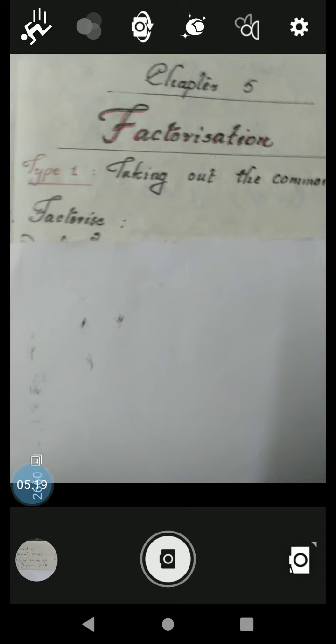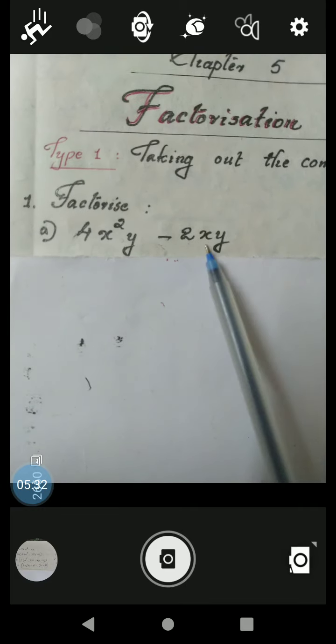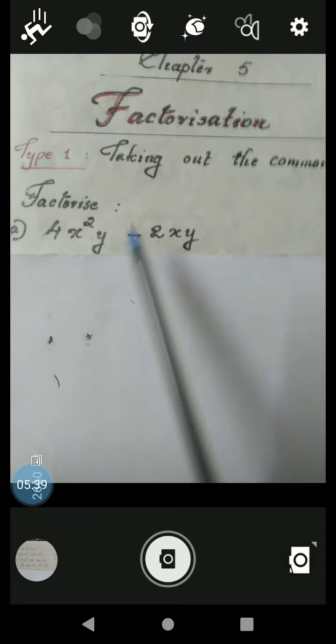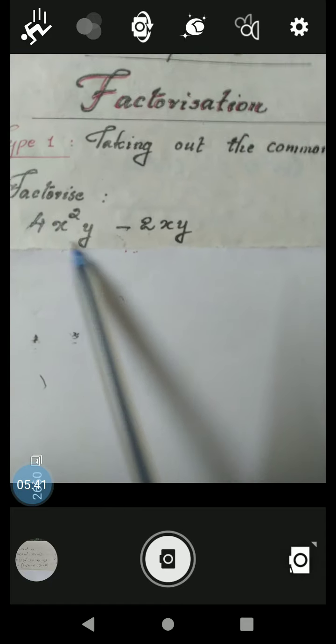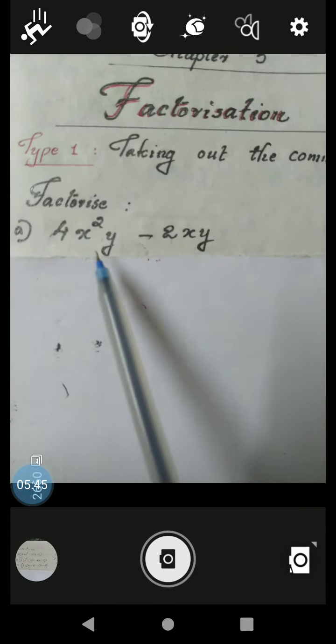For that, we can consider one example. Look here. Factorize. Write this question, factorize 4x square y minus 2xy. Factorize this expression. Here the first method is taking out the common factor outside. Here you can see in these two terms what is common. What is the common factor?